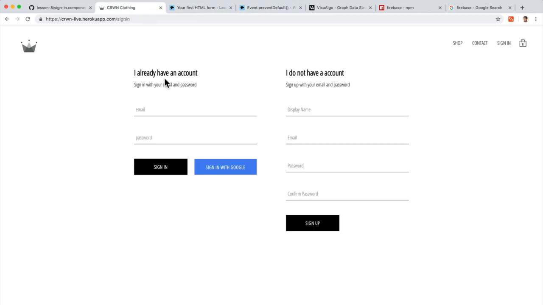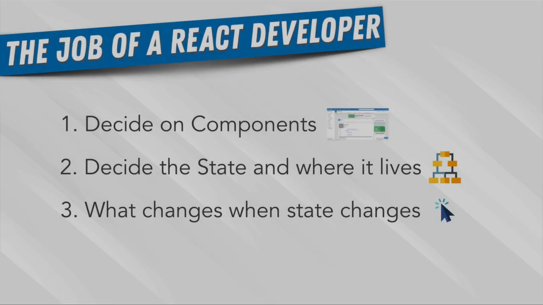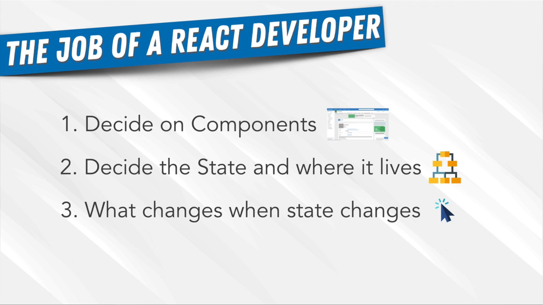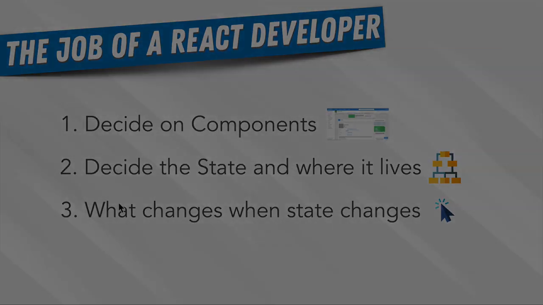But the most important thing that we're going to talk about, and something that you'll carry with you throughout your career, is this. As we're building this sign in and register functionality, these 3 points are going to be really evident. And I want you to really pay attention to what we're going to do to make sure that we create these components and the functionality using these 3 principles.